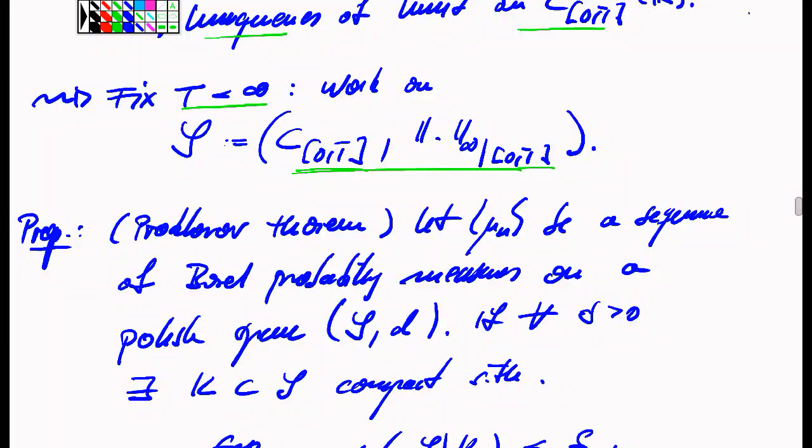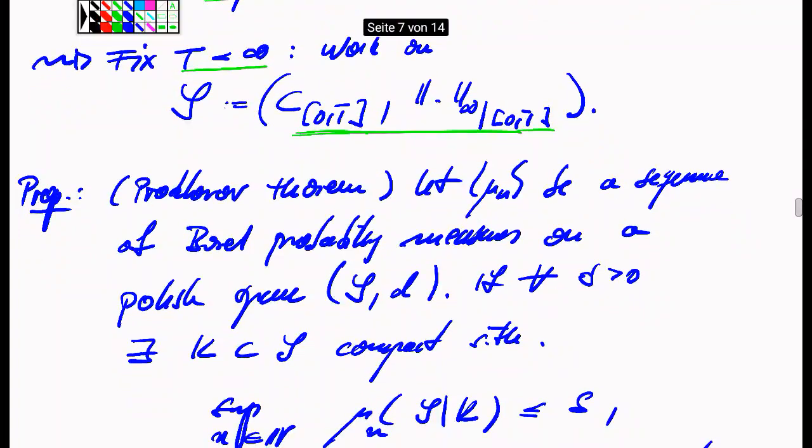And we want to show that this sequence of scaled random walks, which we interpolate in between the rational times by continuous interpolation, when we restrict to the time from 0 to capital T, that the corresponding induced laws are compact in the sense that every sequence contains a weakly convergent subsequence.